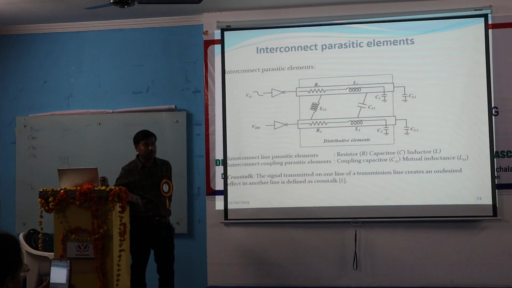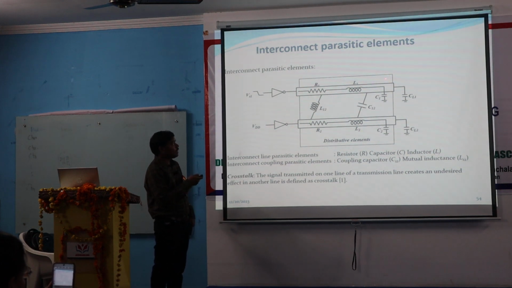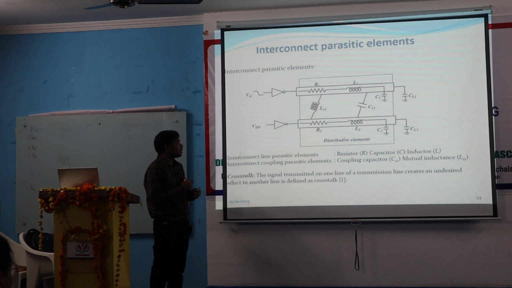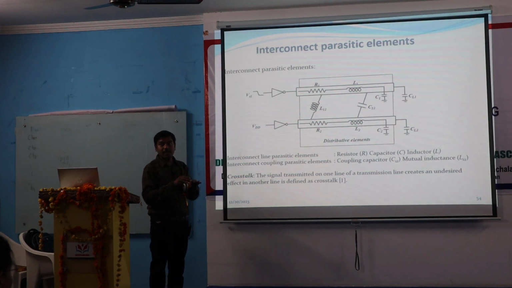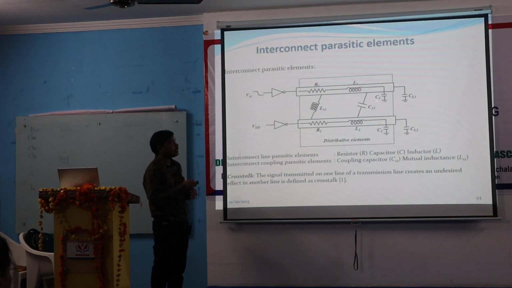What is the definition of crosstalk? A signal transmission on one line creates a disturbance on the second line. Actually the second line wants to stay quiet. Because you applied a VDD here, it wants to stay stable at 0. But because of the capacitance and inductance existing here, some noise is created on this line.